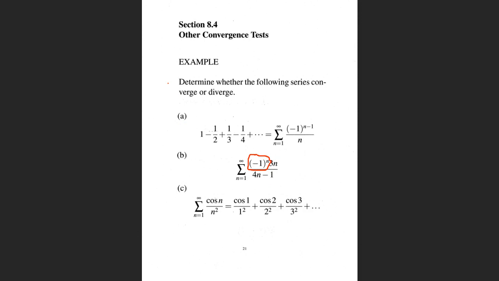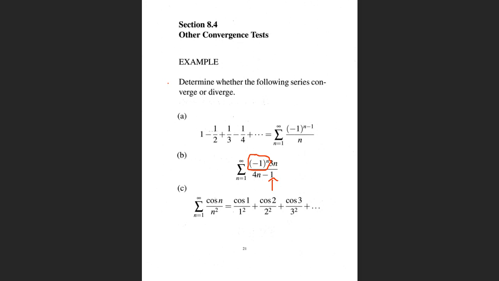So it'll make the terms of the series alternate. And let me ask you, does this -1 here matter much? Does that affect the values of the terms of the series when n is large? It does not.